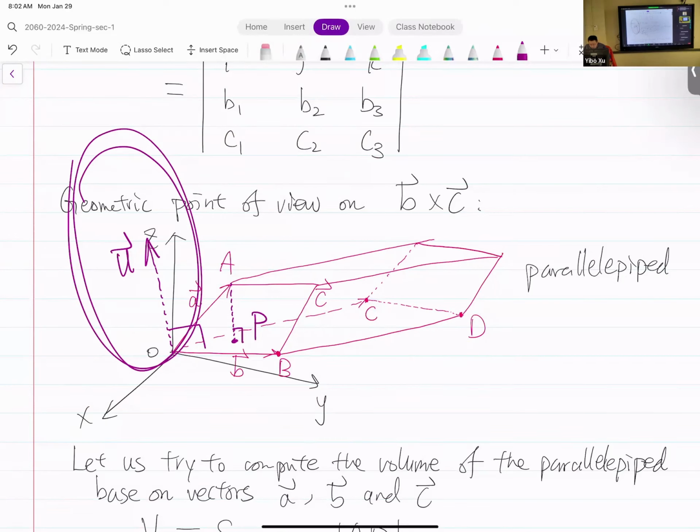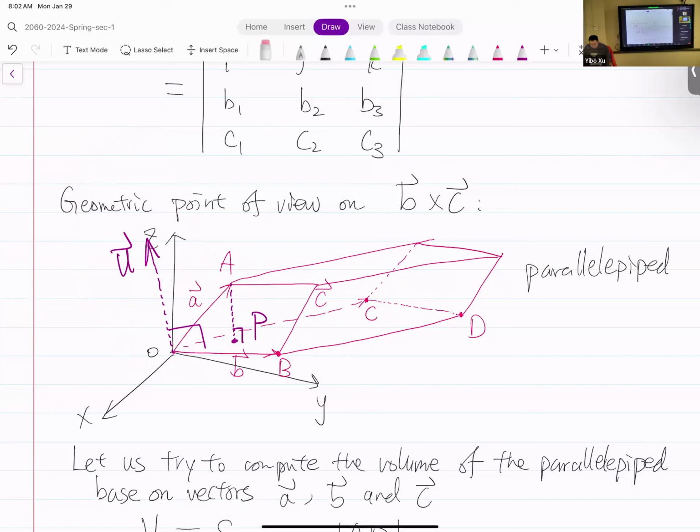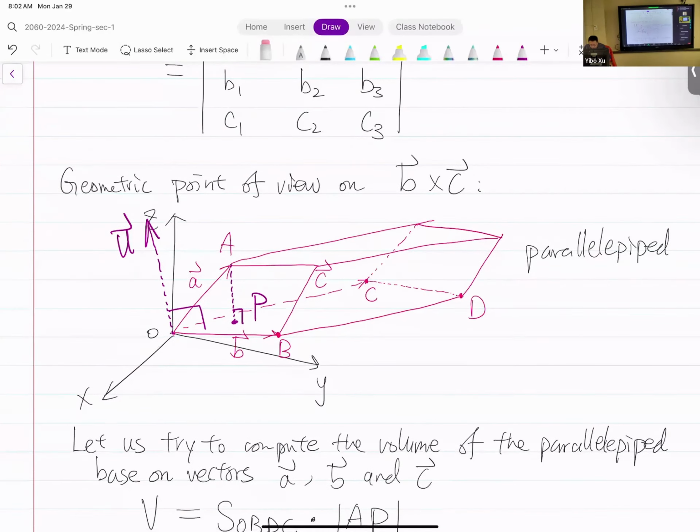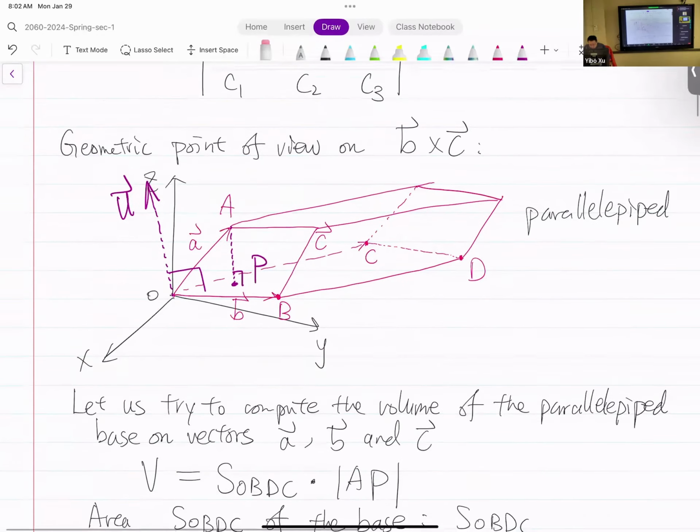Okay, and also we were saying, okay, if U has the magnitude as the area of the parallelogram formed by B and C, that would be great, right? And then we can do A dotted with U. So that will give us the base area times the height. Okay, so that's exactly why we have this U as the cross product, and then we dot with it.